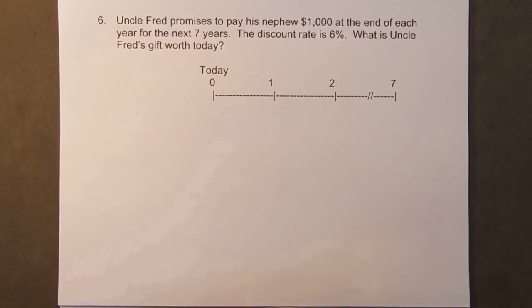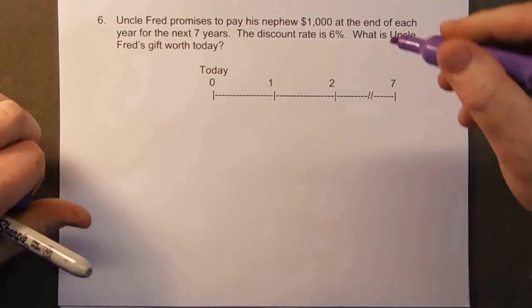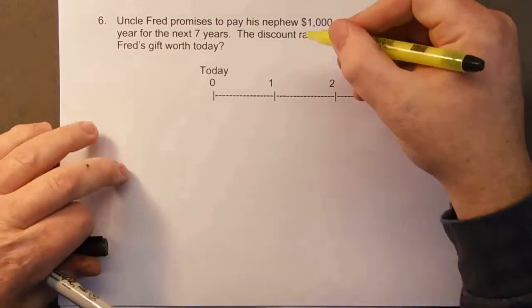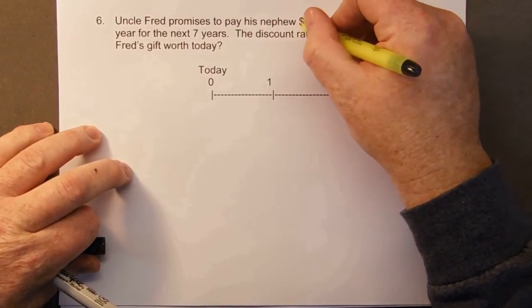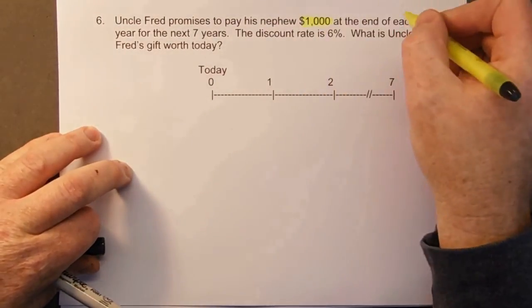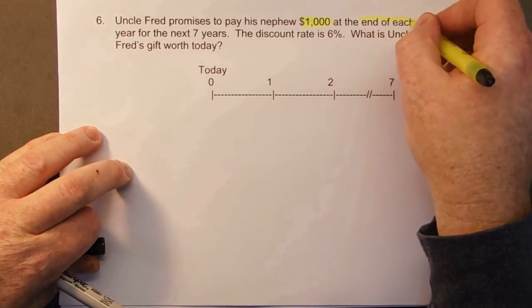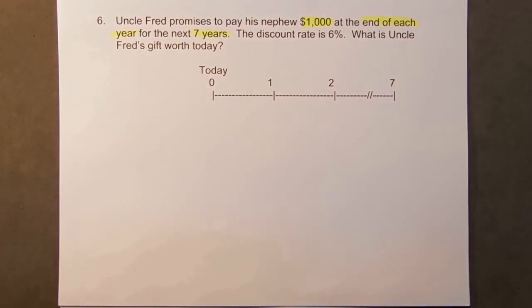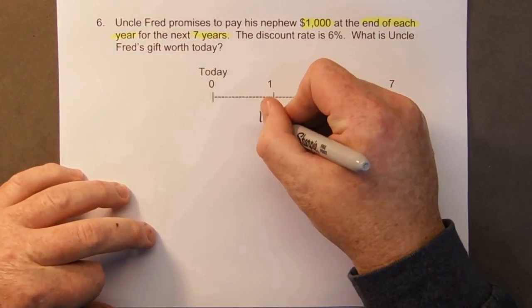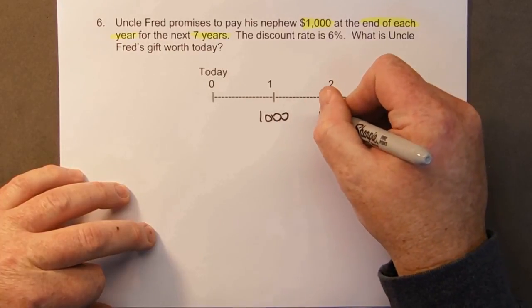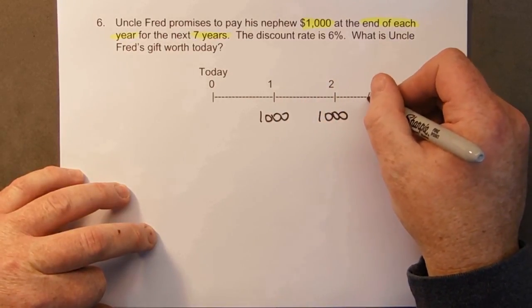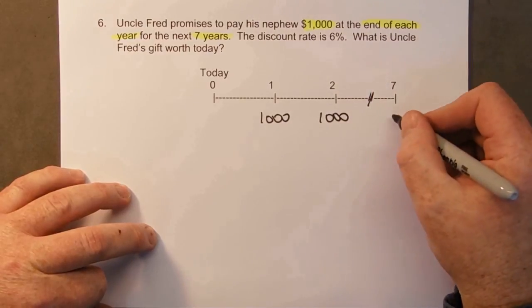Fred wants to pay his nephew $1,000 at the end of each year for the next 7 years. All right. And the discount rate is 6%. So $1,000. I'm going to skip a couple years in here.